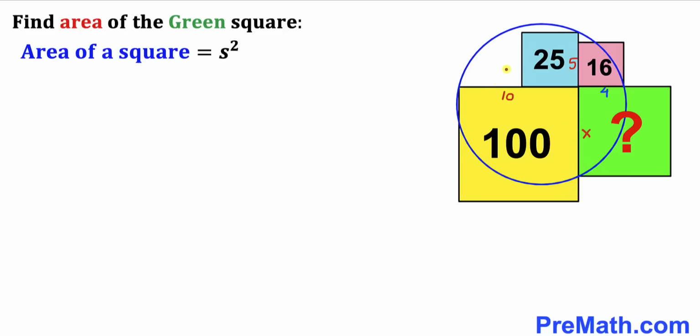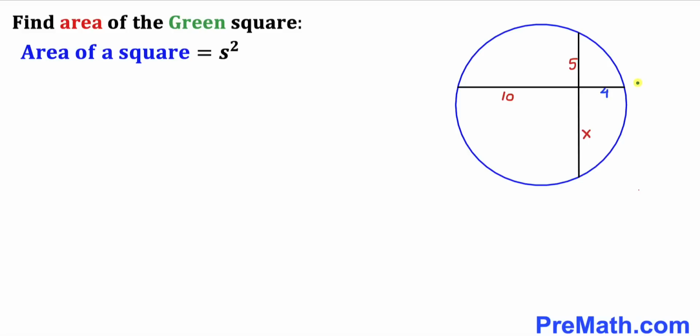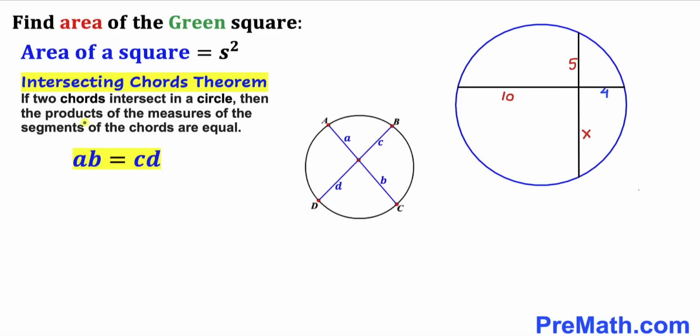And moreover, this blue circle passes through these points, this one, this one, this one, and likewise this one. And as a result, we get to see this diagram with these two intersecting chords. And now let's recall the intersecting chords theorem.